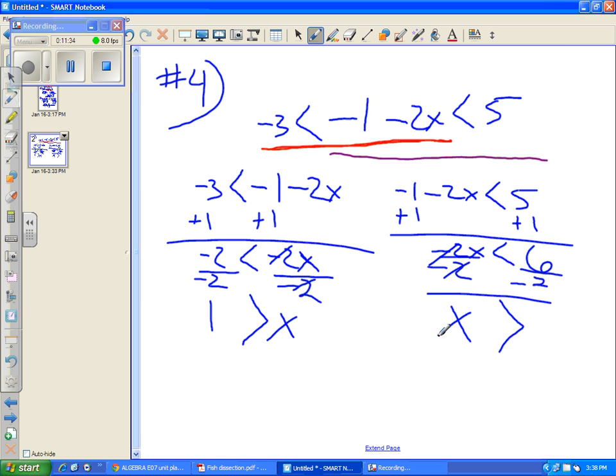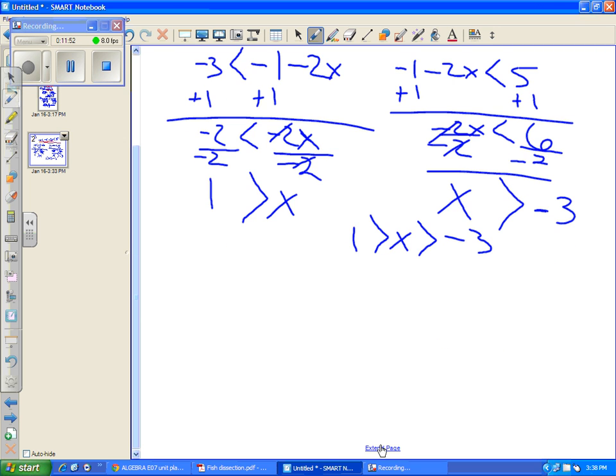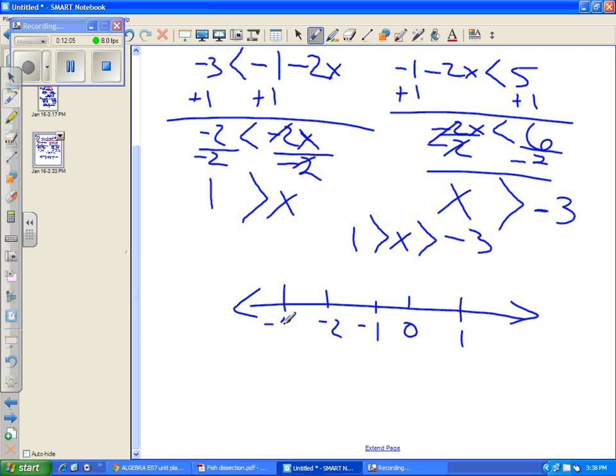x is greater than negative 3. So this needs to be rewritten as 1 is greater than x, and x is greater than negative 3. And let me extend my page a little bit. I'm going to draw my number line, and let's see how this looks, where you have this kind of inequality. If I have the number 1 here, 0, negative 1, negative 2, negative 3.